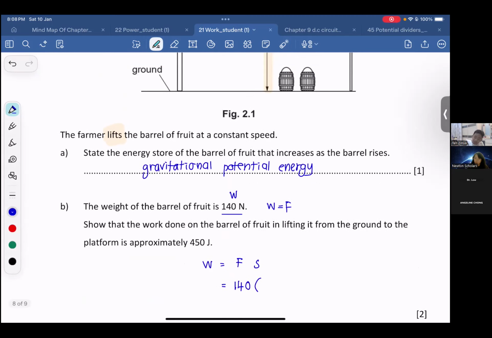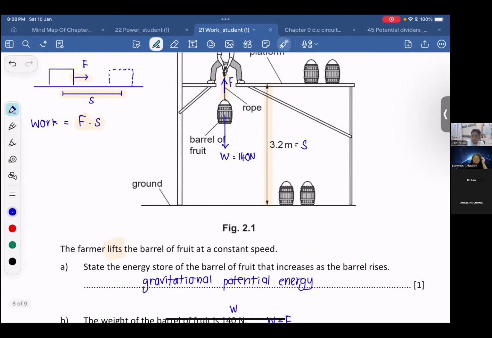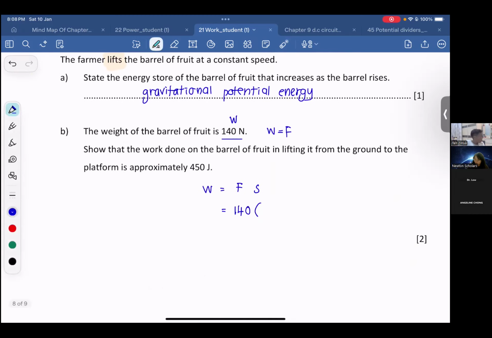From the ground we lift it up to the platform, the distance is 3.2. So we multiply 140 times 3.2. Your answer should be 448 joule, so we prove that it's almost equal to 450 joule. Okay, is that clear? Is it okay?